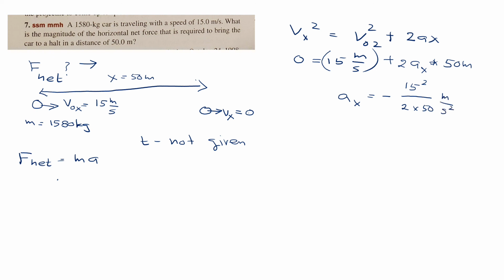So you get a negative acceleration. Let me substitute that. If you solve for this, you get negative 2.25 meters per second square.